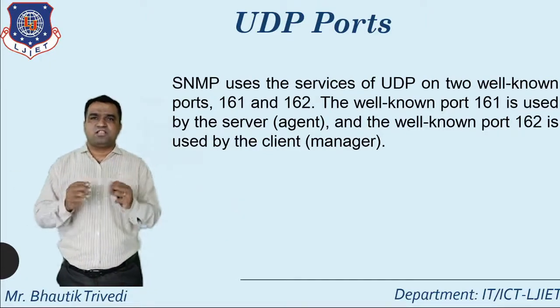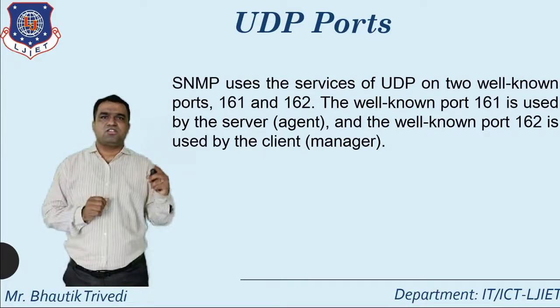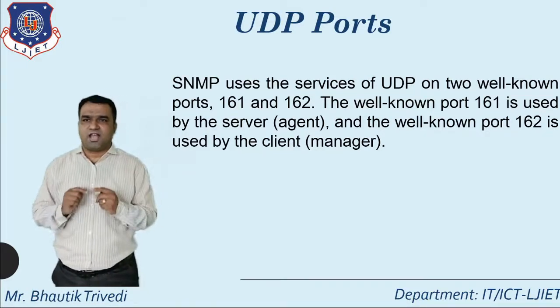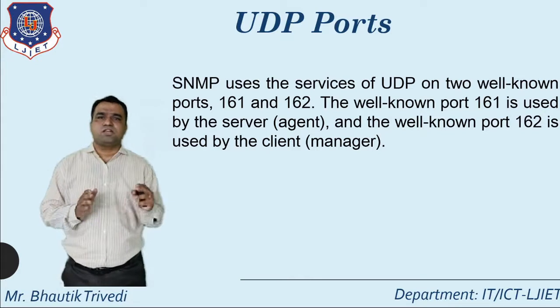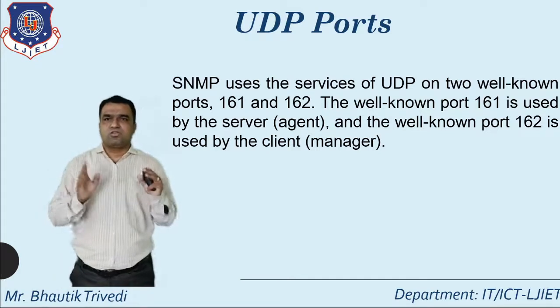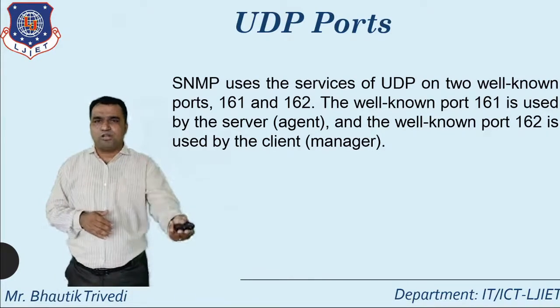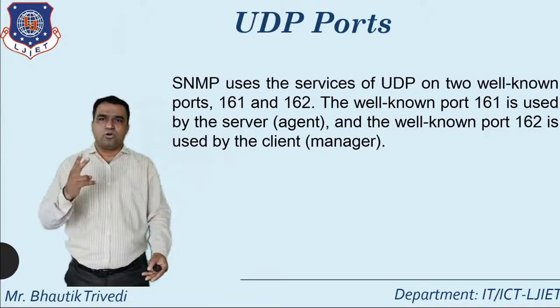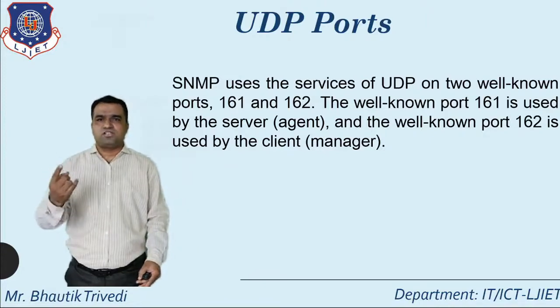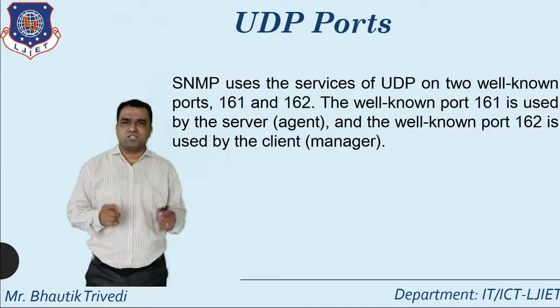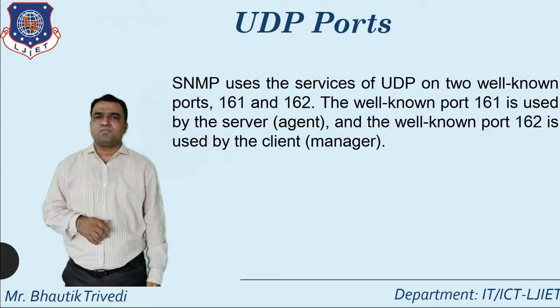Server means what? That is the agent. And port 162 is generally used by the client. And client means what? That is the manager. So SNMP uses two port numbers: 161 and 162.